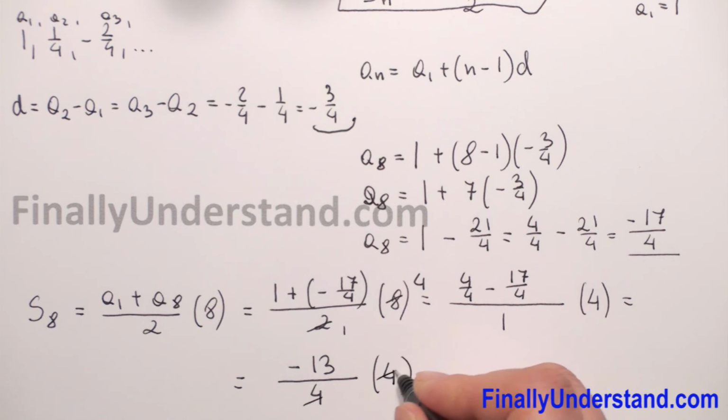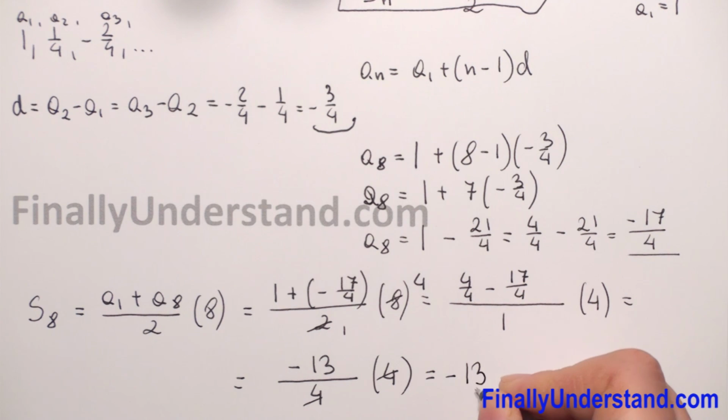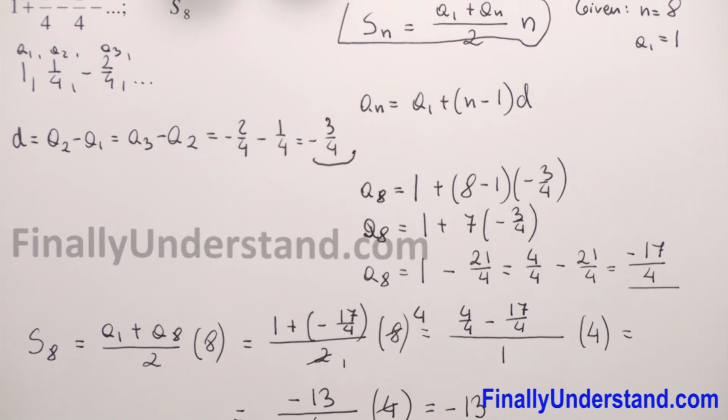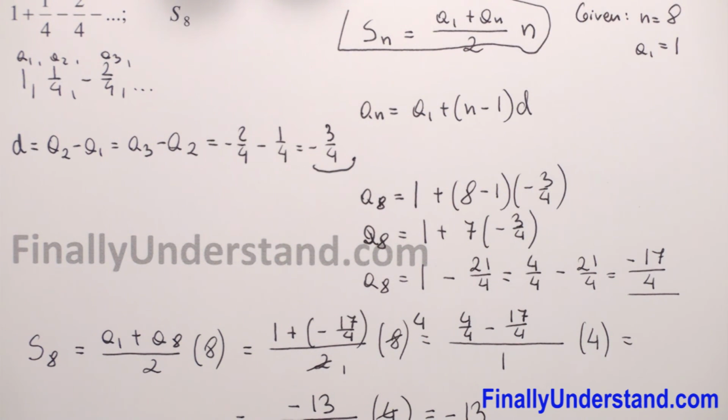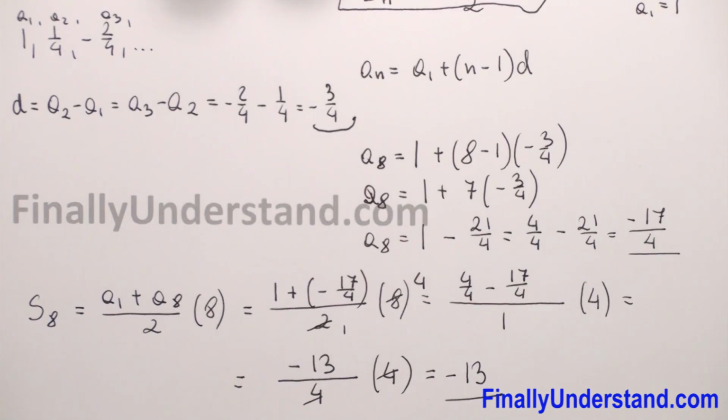So the 4 and 4 we can reduce, and we have that this is equal to negative 13. This is the sum of the first 8 terms of our given arithmetic progression. This is my solution.